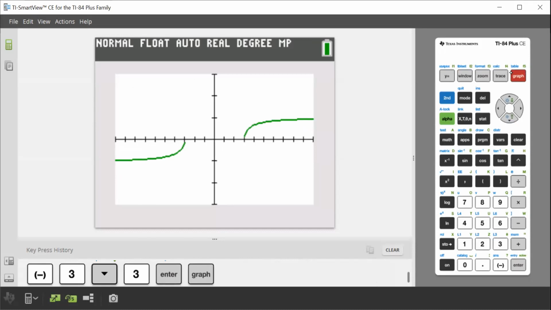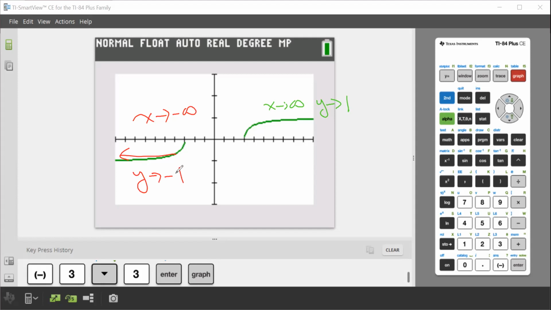You can see on the right-hand side, as x goes to positive infinity, the y values are approaching 1. And as x goes to negative infinity, this direction, the y values are approaching negative 1.